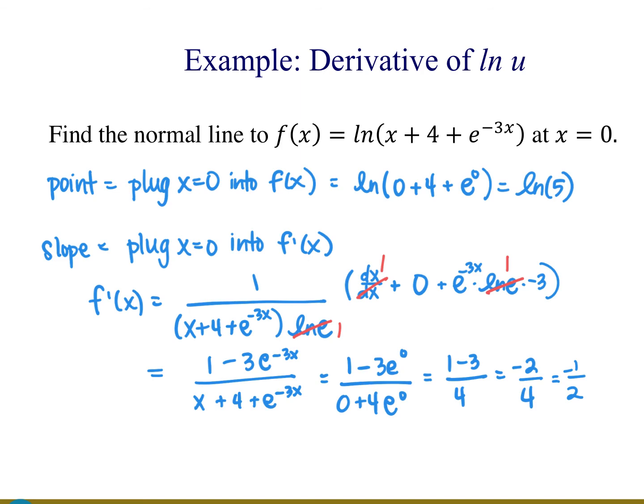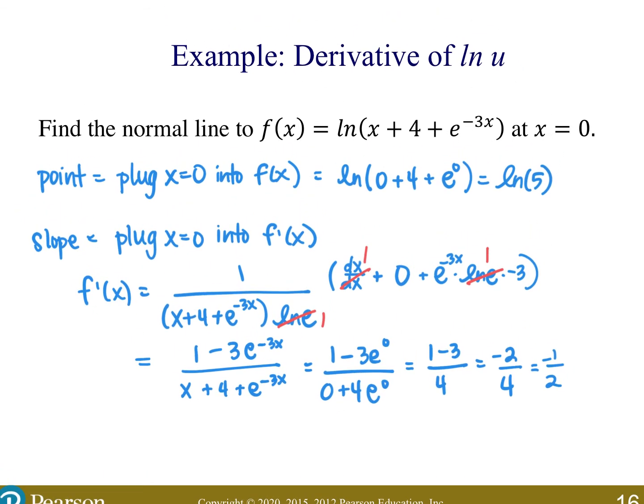Now to write my normal line, I'll use the point I found. So y minus the natural log of 5. The normal slope, if the tangent slope was negative 1/2, the normal slope is 2. And then x minus 0. And voila, we have our normal line.